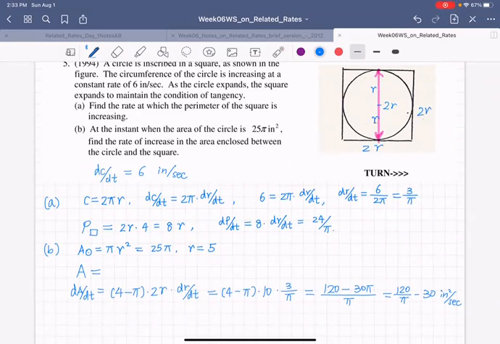So what's the square area? 4r squared. That's right. What is the circle area? Pi r squared. So they are asking for this area, right?